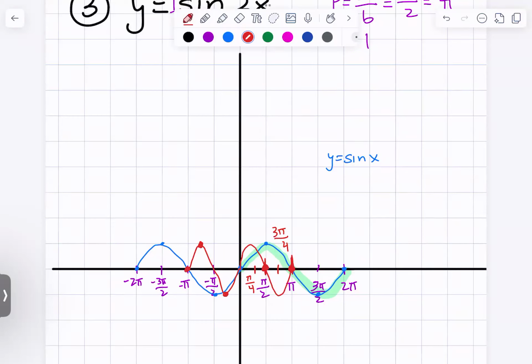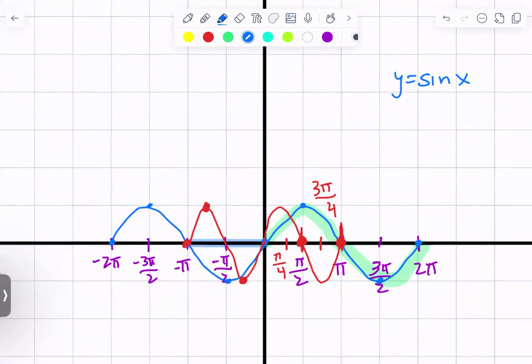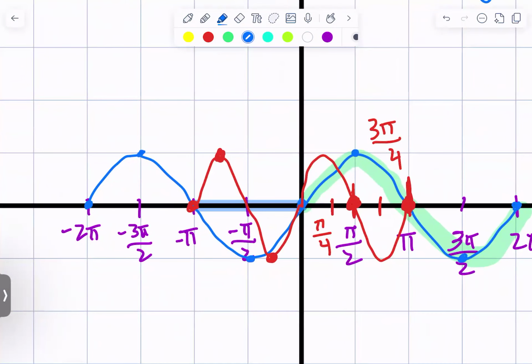Okay? So if one period is pi units long, and you can see that it is pi units long because from 0, 0, from the origin to where I finished it off, right at negative pi, that's one period of pi, right? So if this represents negative pi, halfway would represent negative pi over 2.